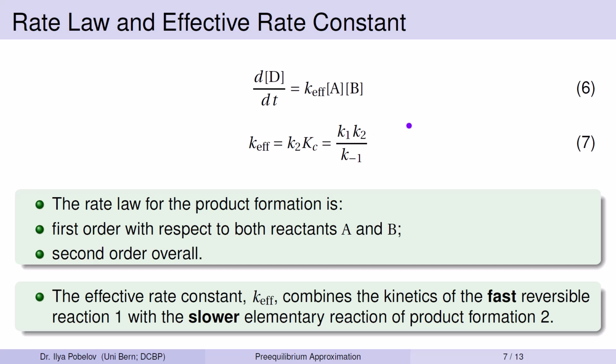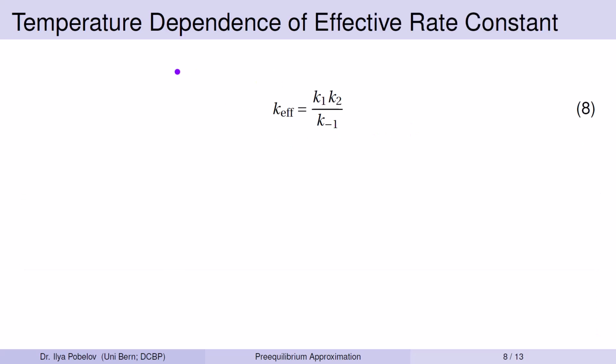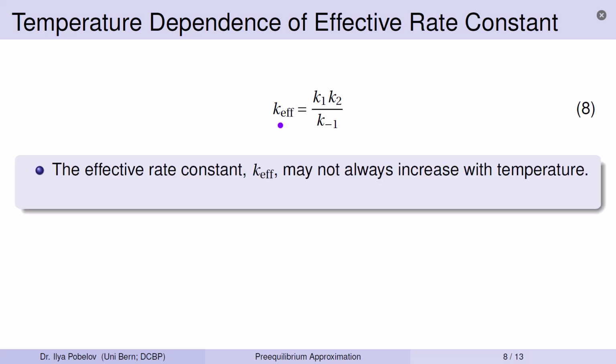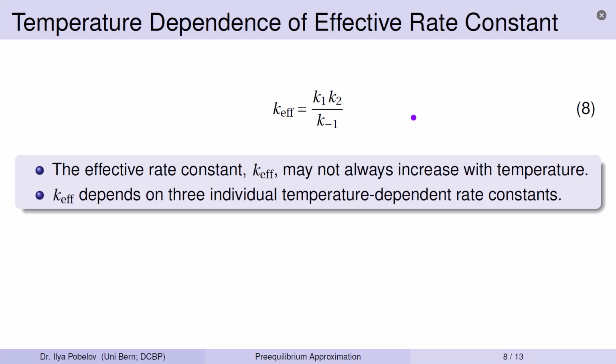In analyzing the temperature dependence of reaction rates, particularly in the context of the pre-equilibrium approximation, it is necessary to recognize that the effective rate constant, kf, may not always increase with temperature. This is because kf depends on three individual rate constants, which themselves have distinct temperature dependencies.